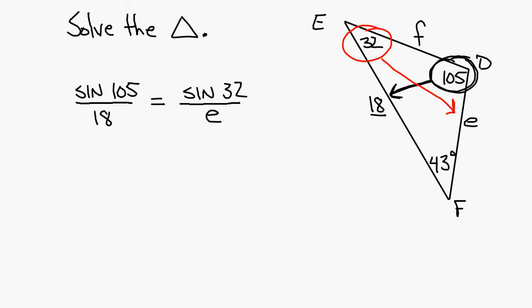Your next step is to crisscross multiply. So e times sine 105 is going to be equal to 18 times sine 32. You can solve for e by dividing both sides by sine 105.